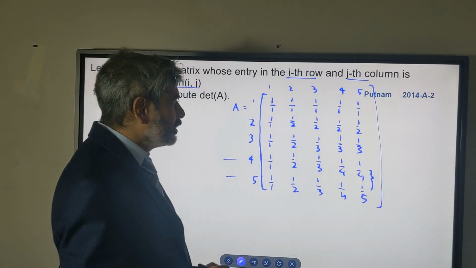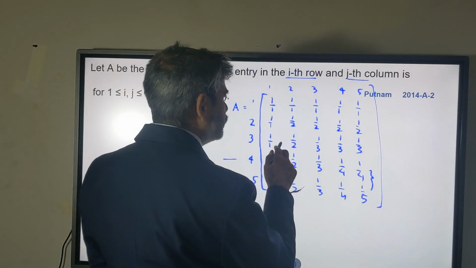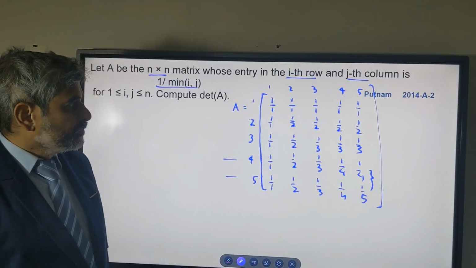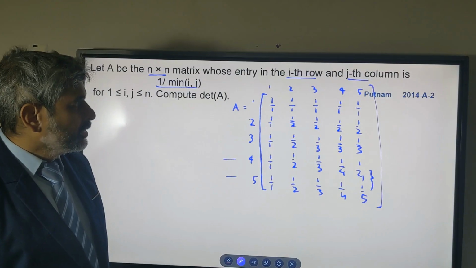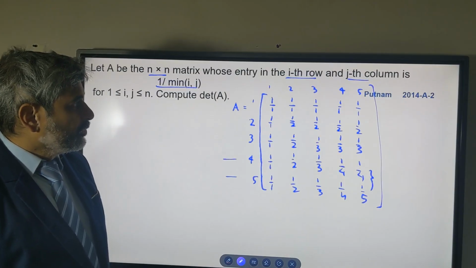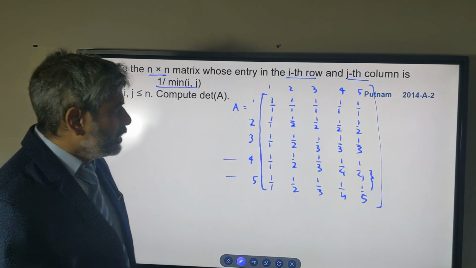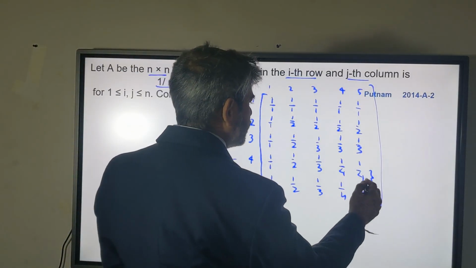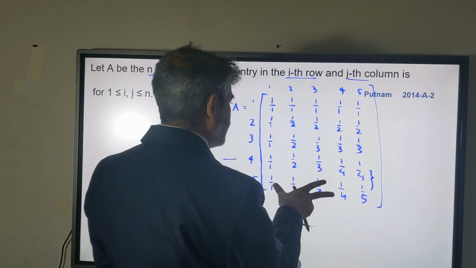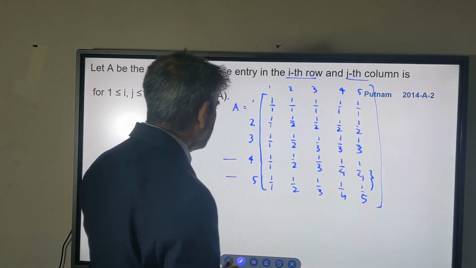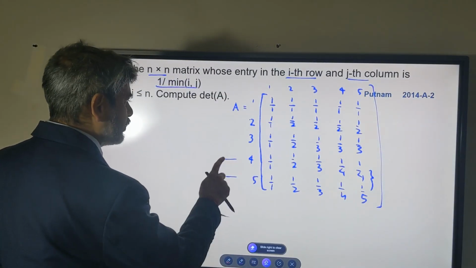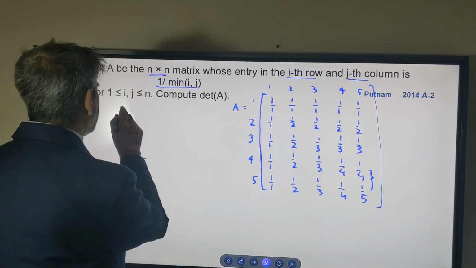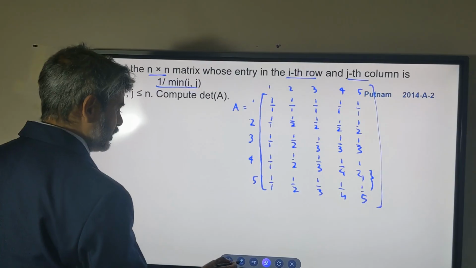And for example, in these two rows only this. So if I subtract from this one this whole thing, I get a matrix. I'm trying to get a simplification.